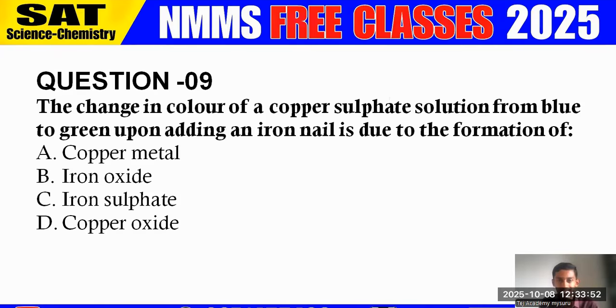The change in color of a copper sulfate solution from blue to green upon adding an iron nail is due to the formation of. This is also one of the important activities given in your textbook. Here they are taking copper sulfate, CuSO4, and dipping an iron nail, or you can dip an iron rod, or a used blade.